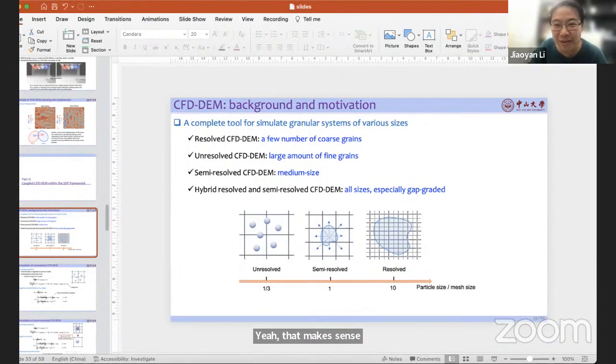I think we also got a question from the chat from Alex, and he is asking, based on your experience, do you think that spherical harmonics is the best approach to the random shape geometries of the particles?